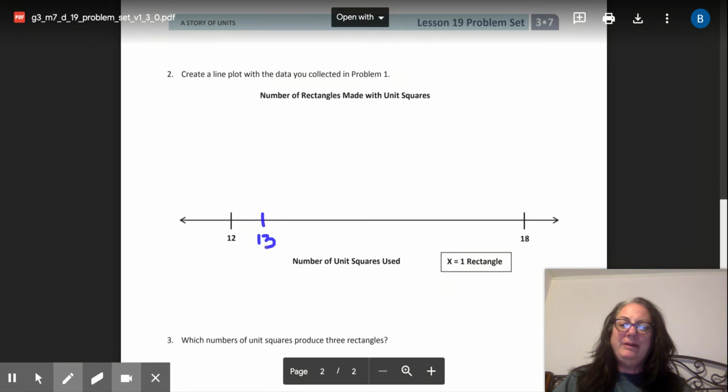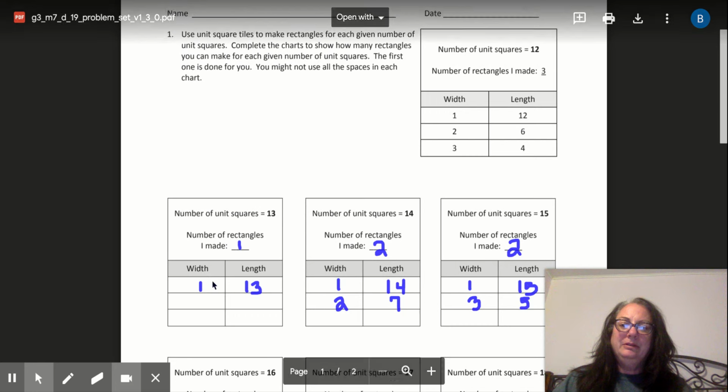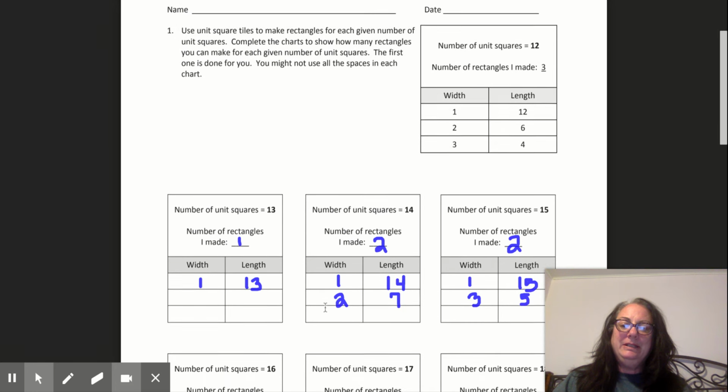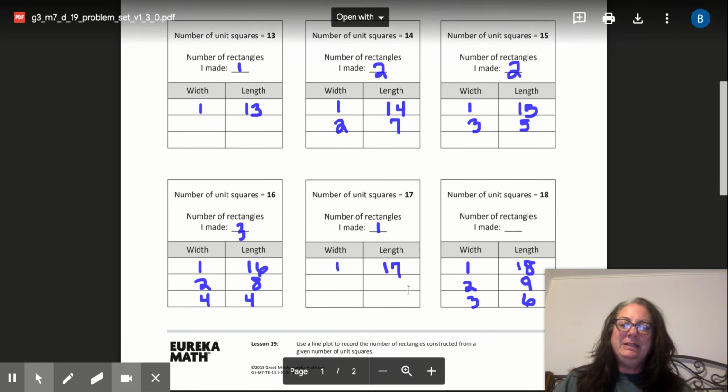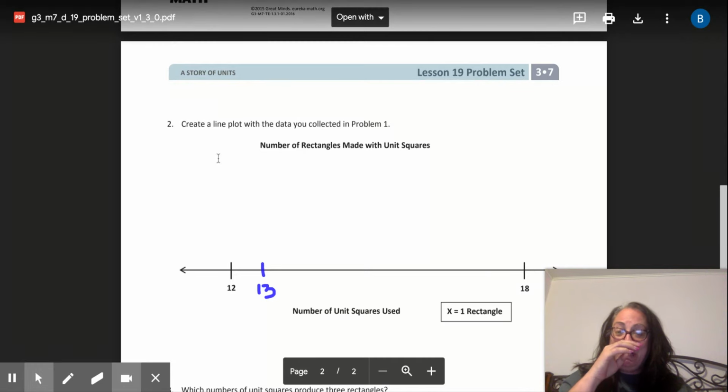What else did we have up there? We had 13, 14, 15, 16, 17, and then 18. And you'll number them across, because you're going to create a line plot.